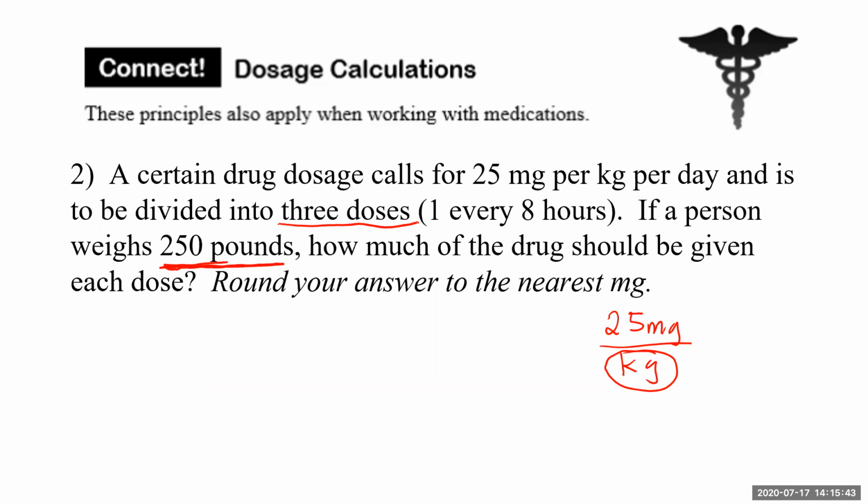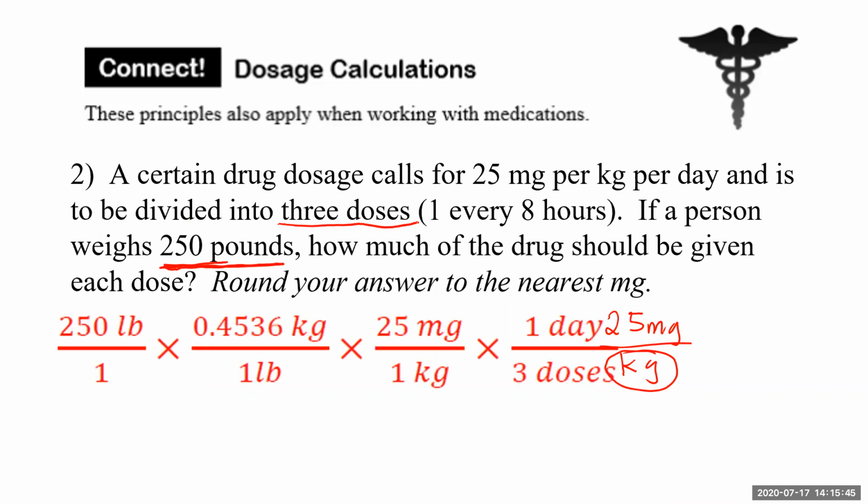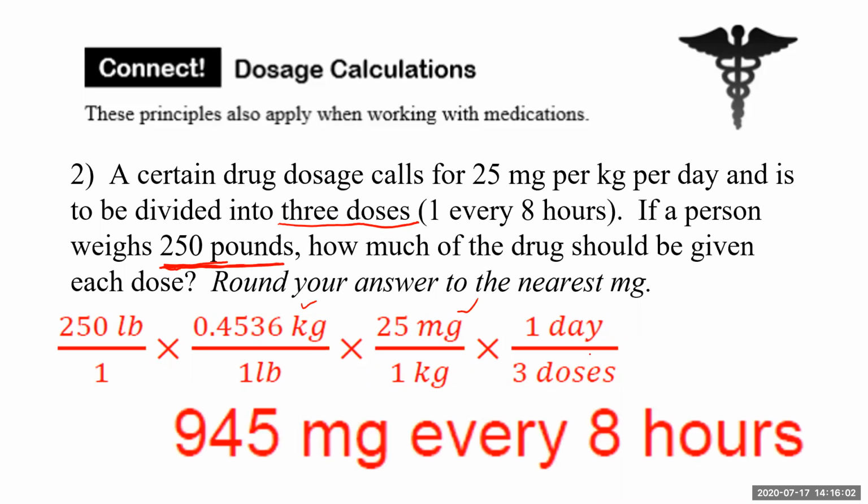So we change 250 into kg using the factor label method, and now we multiply by 25 milligrams. Then we divide by 3 because this is in 3 doses. And we have to dispense 945 milligrams every 8 hours. Isn't this fun? Okay, sweet.